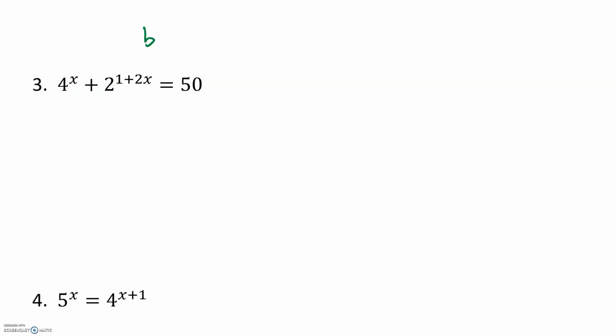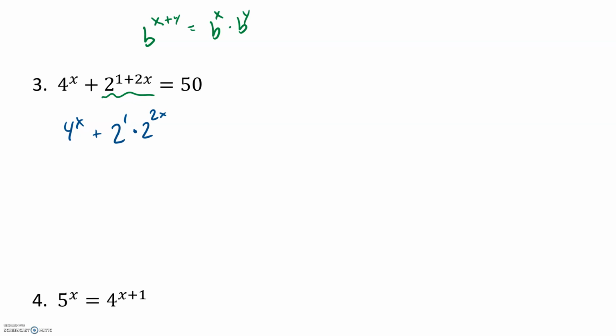Using the fact that b to the x plus y equals b to the x times b to the y, I can rewrite that second term in the expression and get 4 to the x plus, this is going to be 2 to the first power times 2 to the 2x power.